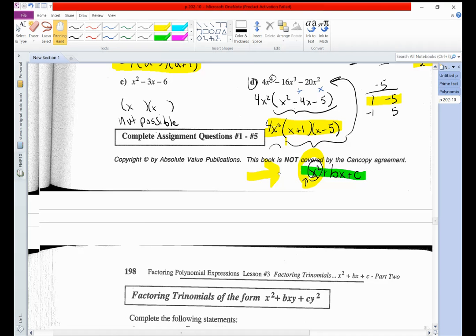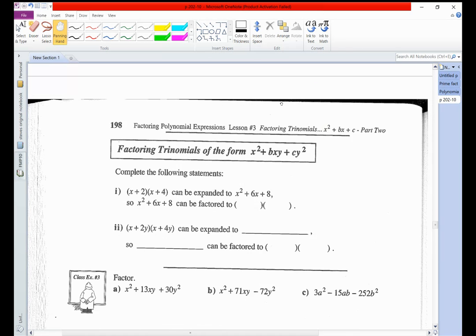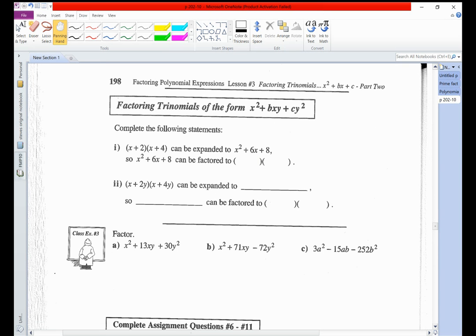Fantastic. Almost done. We're going to look at factoring trinomials in the form. So normally we're used to x squared plus bx plus c. But what's happening now is we're bringing in another variable. So it's going to be x squared plus bx plus c, but we're going to bring in another variable, so it's going to look something like this.